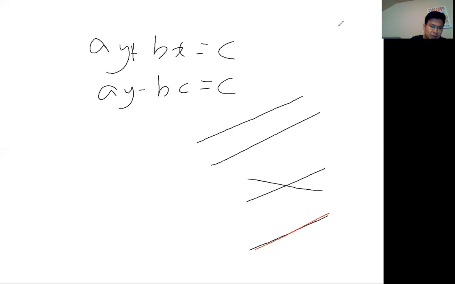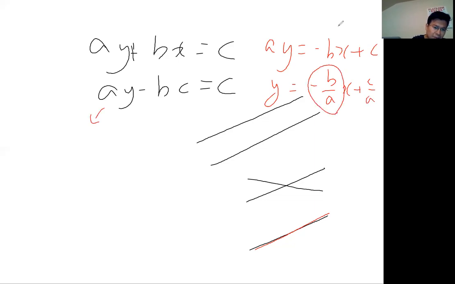In this case, think about the slope of the first one: ay equals minus bx plus c, and then y equals minus b over a x plus c over a. So the slope is this one.